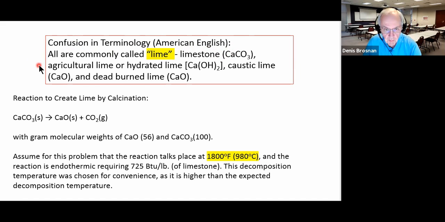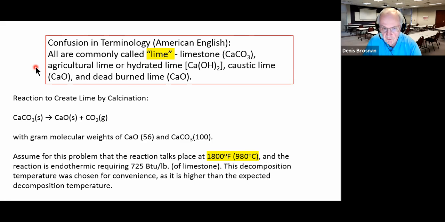We also use the term lime to talk about ag lime, agricultural lime, or hydrated lime, calcium hydroxide. We also use the word lime to talk about calcium oxide when it's lightly calcined and very reactive, meaning it's been calcined to the decomposition temperature.